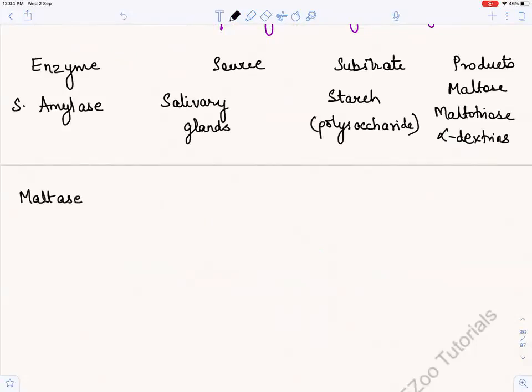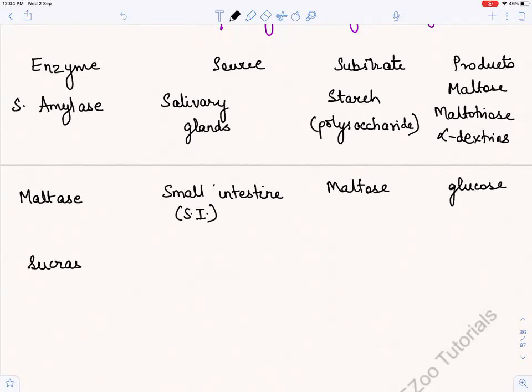Now let us go to the other enzymes. Maltase: its source is the small intestine, not the stomach. The substrate for maltase is maltose, and the end product is glucose. Now sucrase: it acts on sucrose, and it is broken down into glucose and fructose.